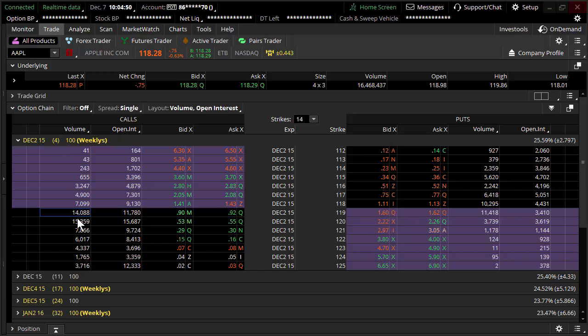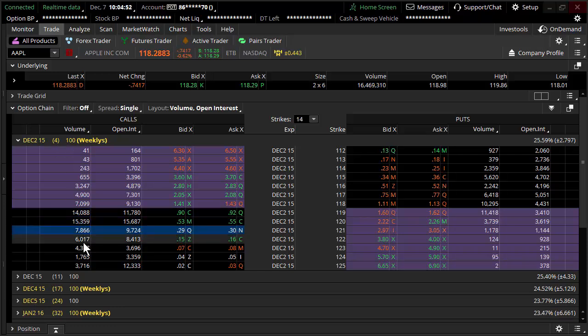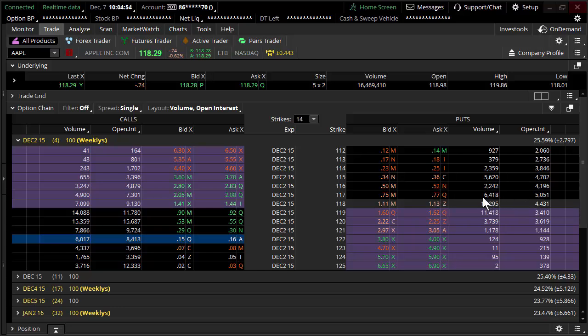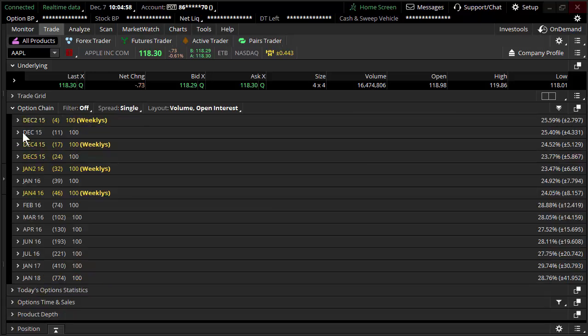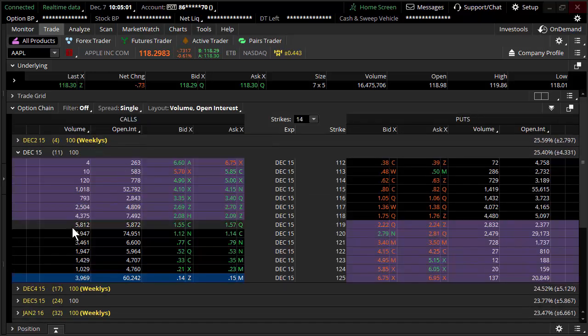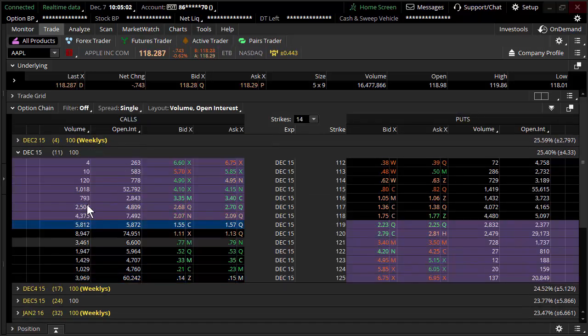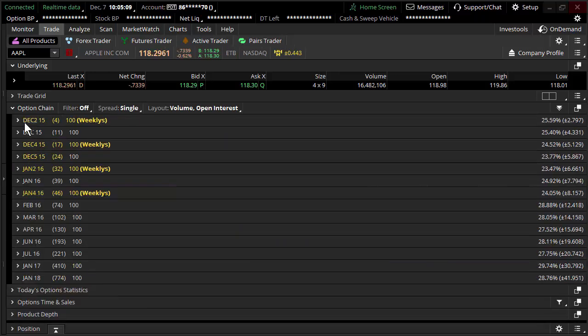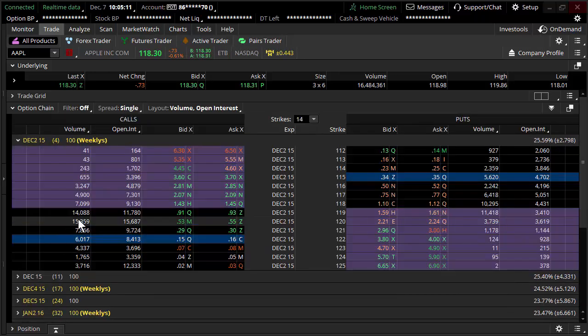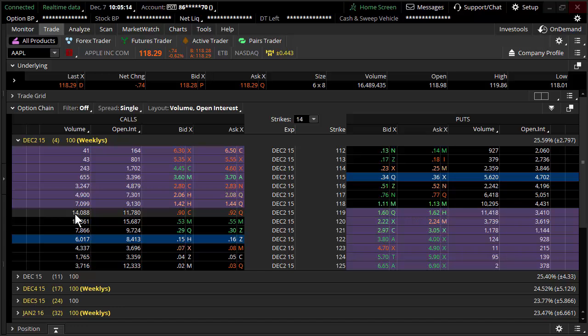If I look at the weeklies with 4 days to remain, they've got monumentally large options contracts going on them. Then you look at the standard monthlies. Listen, this is not bad volume, but you don't see 10, 15,000 contracts trading in here, right? So again, the heaviest volume resides in the shortest duration contract possible.